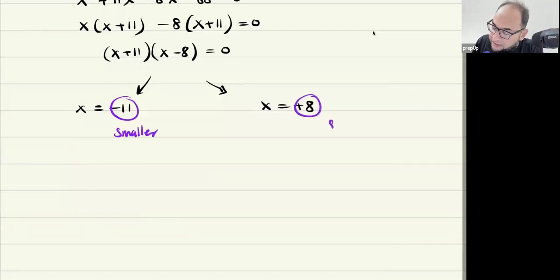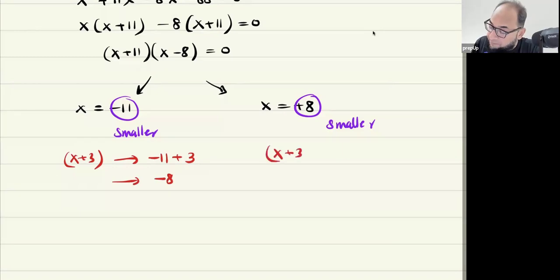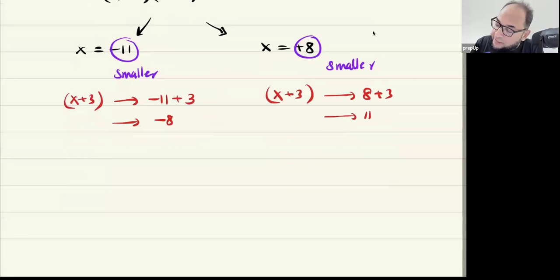Therefore, x plus 3, the bigger one, is negative 11 plus 3, which is negative 8, or 8 plus 3, which is 11. So again, you get the same pairs of answers: negative 8, negative 11, or positive 8, positive 11.